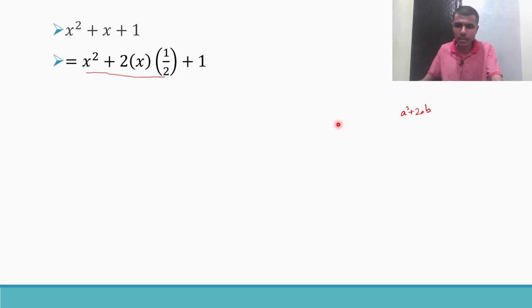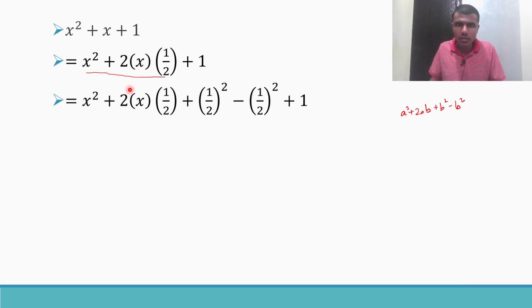So I'm gonna add and subtract b square. If I'll apply the same principle to this one here, my b is 1 by 2. So I'm going to add and subtract 1 by 2 whole square. Okay, I'm gonna add and subtract 1 by 2 whole square. So fine. So this is what I have, plus 1 by 2 whole square minus 1 by 2 whole square.